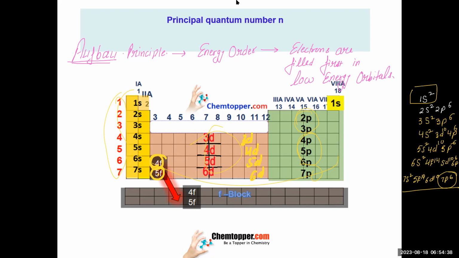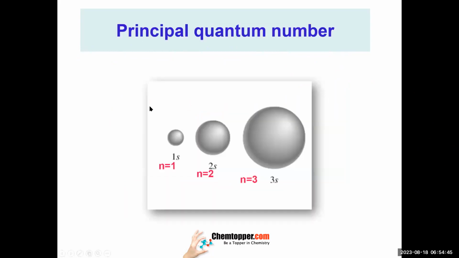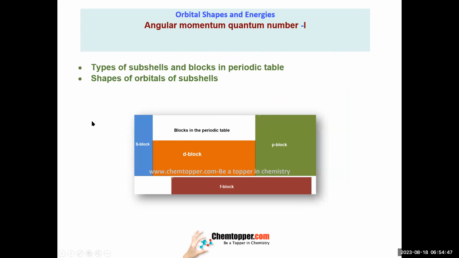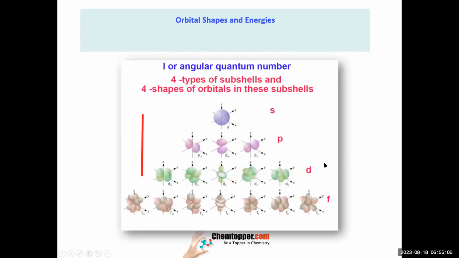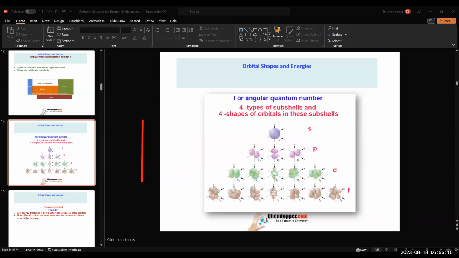So I'm going to hide this periodic table. Let me see if I have another periodic table here. Okay, one second, let me share a periodic table with you, and we are going to practice it.